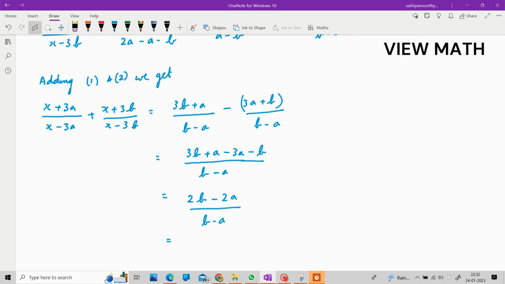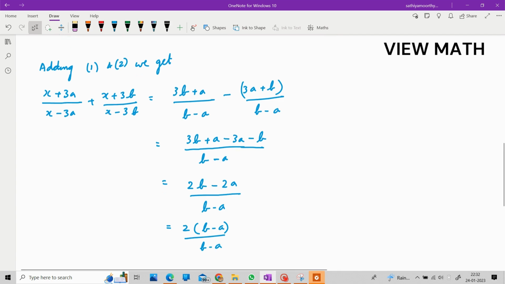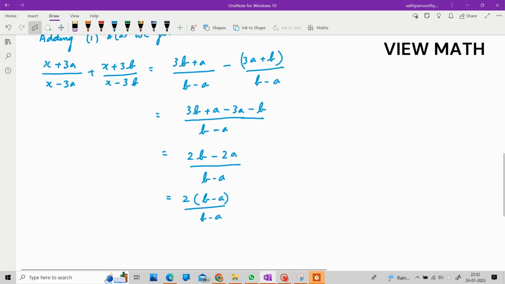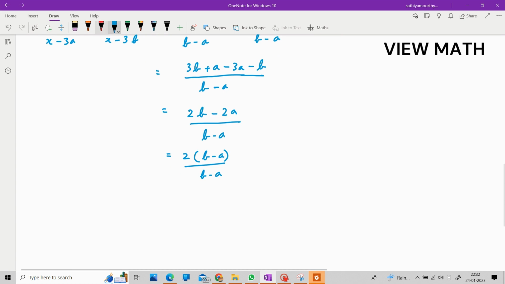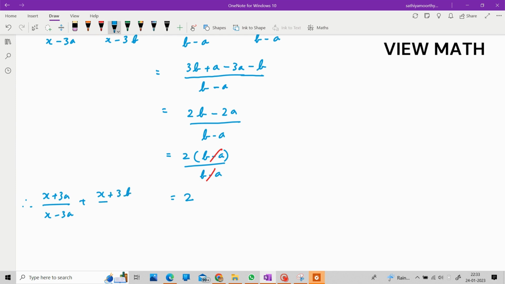Now 2 is common, let me bring it outside, it becomes 2(b - a)/(b - a). So I can see b minus a is common in the numerator and in the denominator. If I cancel, I will be getting 2. Therefore (x + 3a)/(x - 3a) plus (x + 3b)/(x - 3b) is equal to 2. We have found it out.